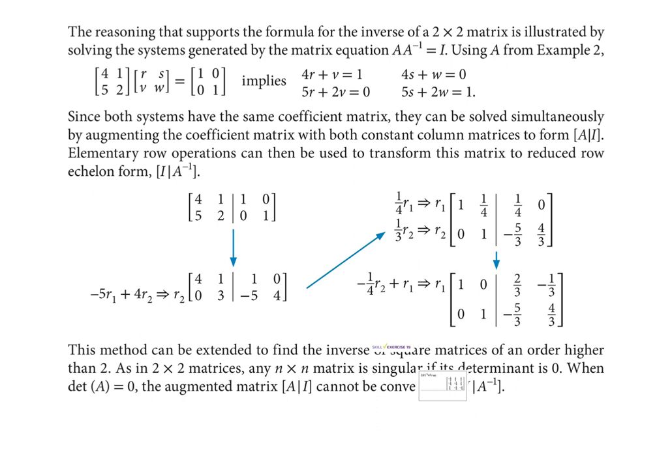If you use your row operations here, in this case, they did negative 5 times row 1 plus 4 times row 2, and they zeroed out this entry. Then they divided everything by 4 to get this row, and then they multiplied this through to get rid of that one.